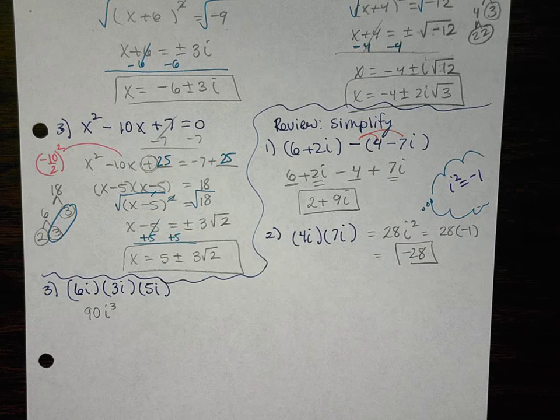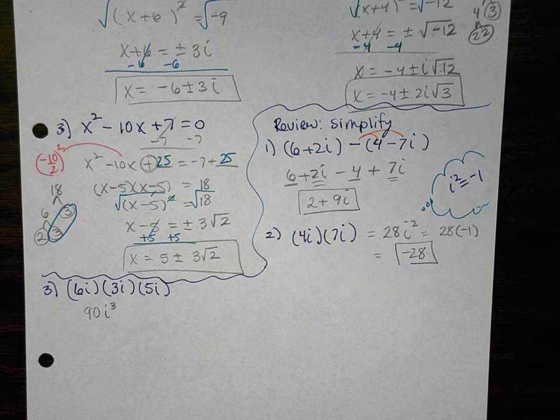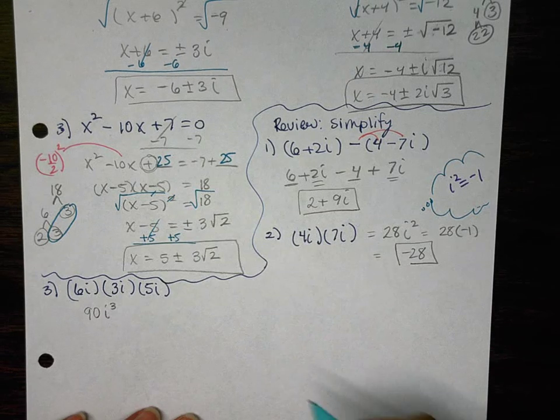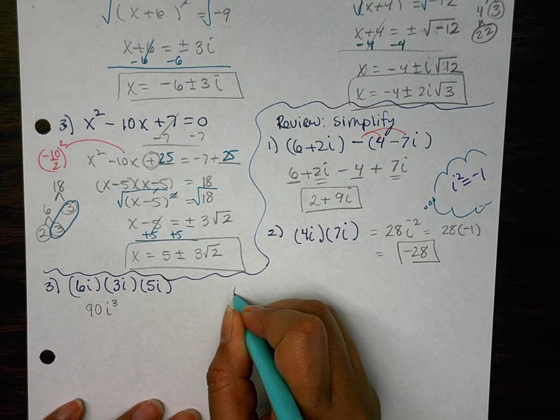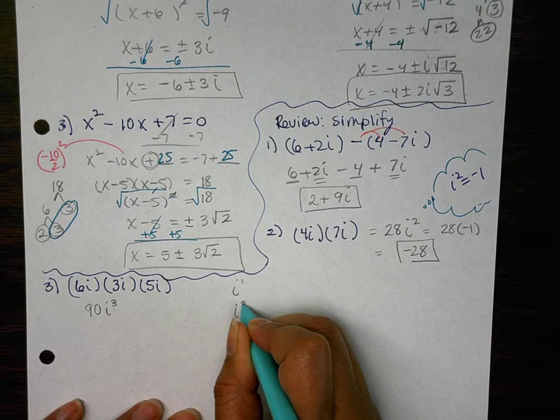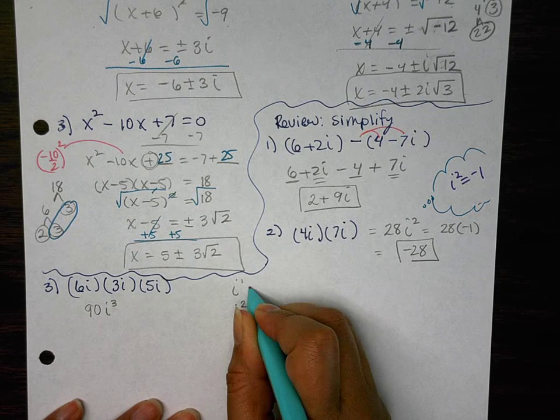Choices. Because it's small, do you want to do i squared times i, or do you want to do the i1 chart and see what it is? i1. That's a good idea, because the next one might be bigger. Okay, so I'm going to write it here. Is everybody ready? i to the first, i to the second, i to the third, i to the fourth, where there are only 4 of them.